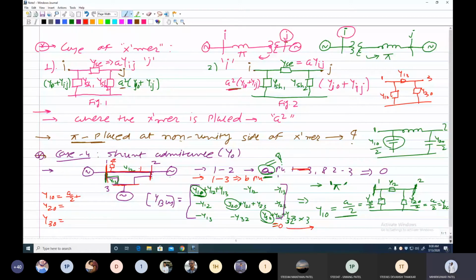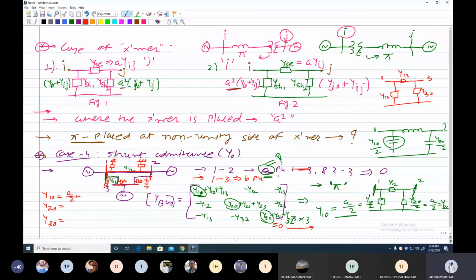Same way, here it is, and here it is. Clear? So at bus number 1, you can see there are two shunt elements offered, the first one by line 1-2, and the second one by line 1-3. And here it is given for both transmission lines.